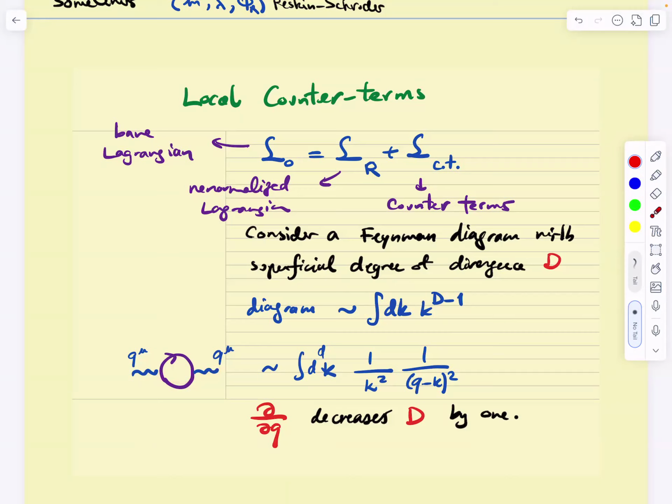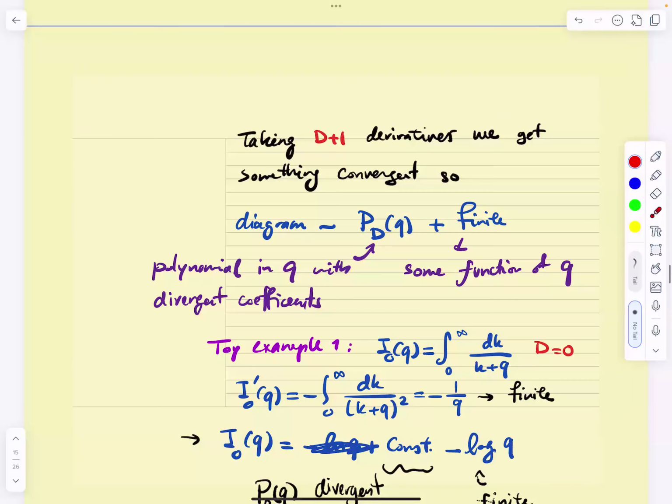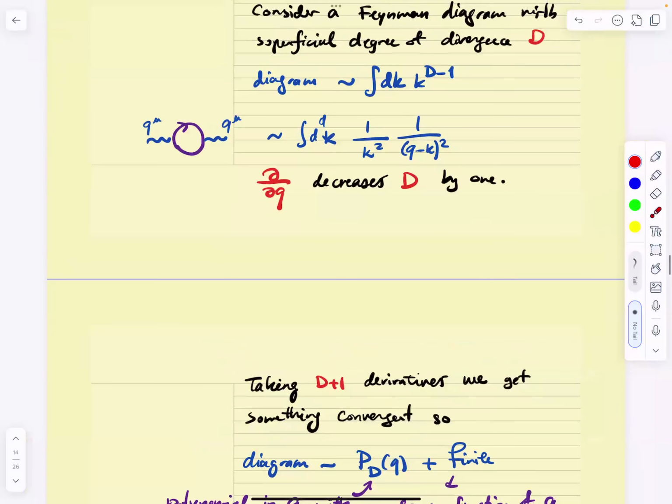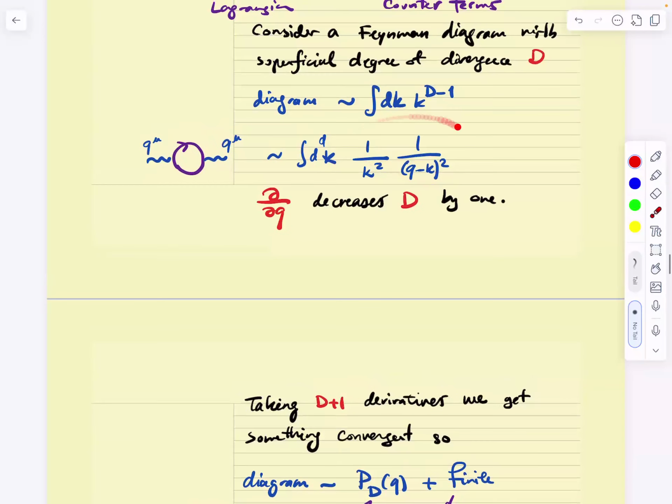Now, you could expand it as a polynomial in q, and then ask where the divergences are in terms of the coefficients of this polynomial. When you take del q, you're looking at the next term down in the polynomial. If you take d plus 1 derivatives, we get something convergent, right? It's pretty clear for these kinds of expressions that every time you take a derivative with respect to q, the degree of divergence comes down by 1.